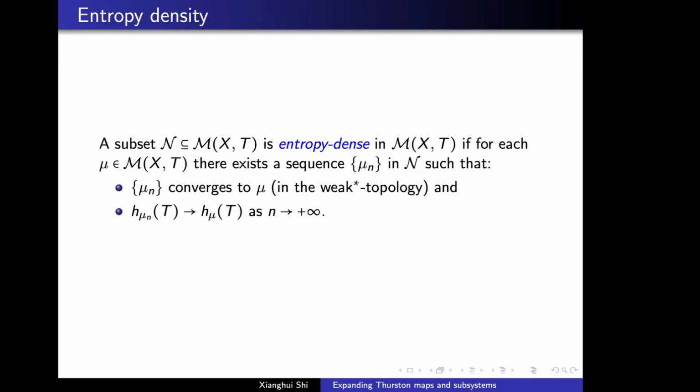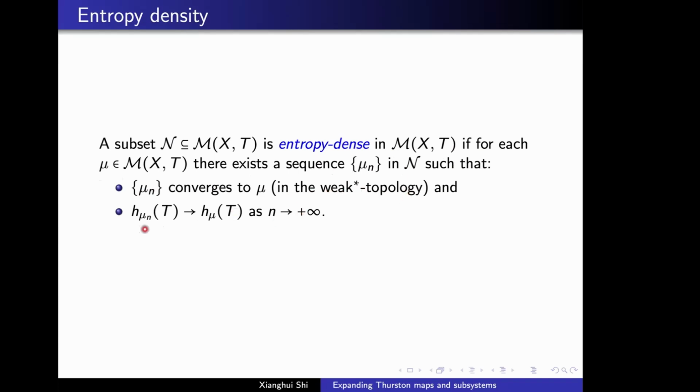Okay, our second result is about entropy density of ergodic measures. So what does the terminology mean? A subset N is called entropy dense in the space M_F(T) if for each invariant measure mu, there exists a sequence mu_n in this subset N such that, first, this sequence converges to mu in the weak-star topology.